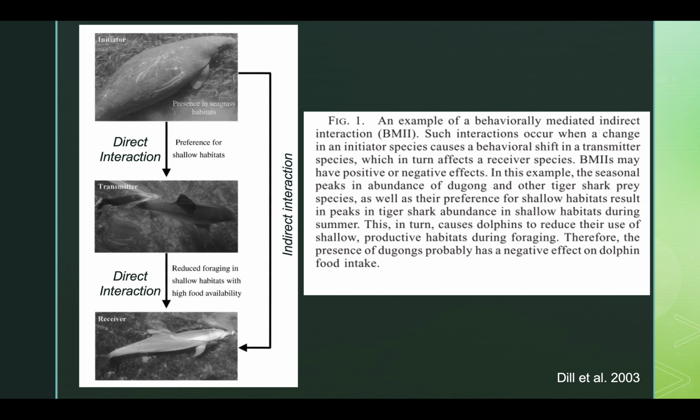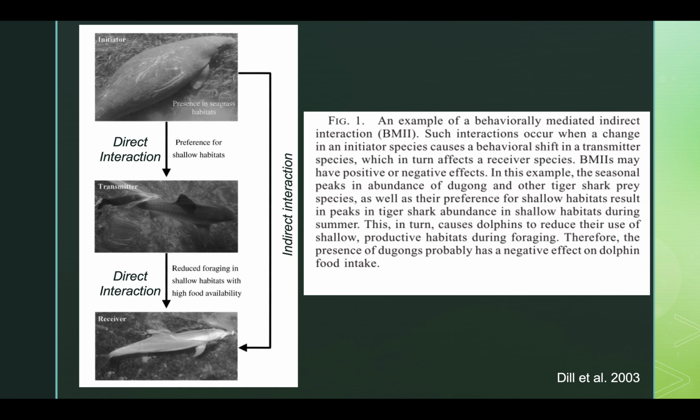So if you want to get down this rabbit hole, there's all sorts of iterations of looking at indirect effects, like if it's behaviorally mediated, or there's another one, but I can't remember at this exact time. A behaviorally mediated indirect effect is when a change in one species causes a behavioral shift in another species, which in turn affects another species.